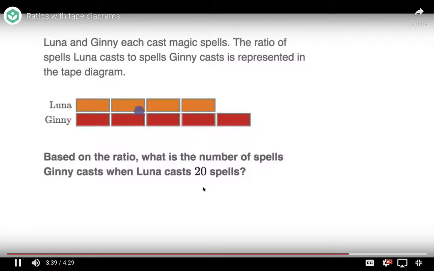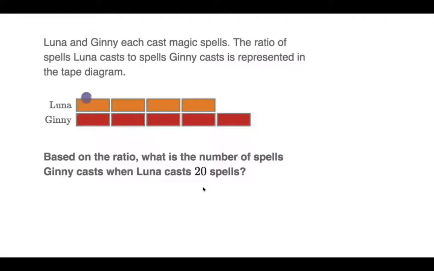All right, so let's just see the ratio here. For every 1, 2, 3, 4 spells that Luna casts, Ginny casts 1, 2, 3, 4, 5 spells. So the ratio is 4 to 5. But if Luna casts 20 spells, to go from 4 to 20, we had to multiply by 5.